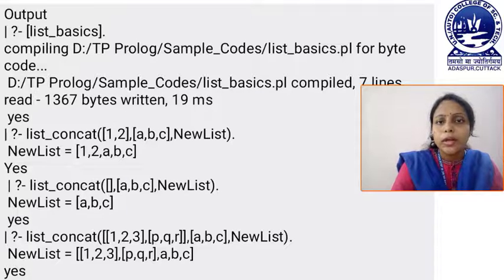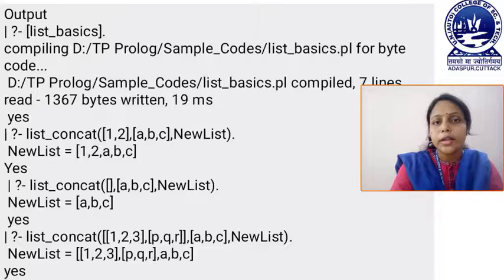Now look into the new list, which is the result of the concatenation, that is 1, 2, A, B, C. Here the head is 1 and the rest is the tail. The second list, which contains the elements A, B, C, is concatenated with our first list and produces the result 1, 2, A, B, C.